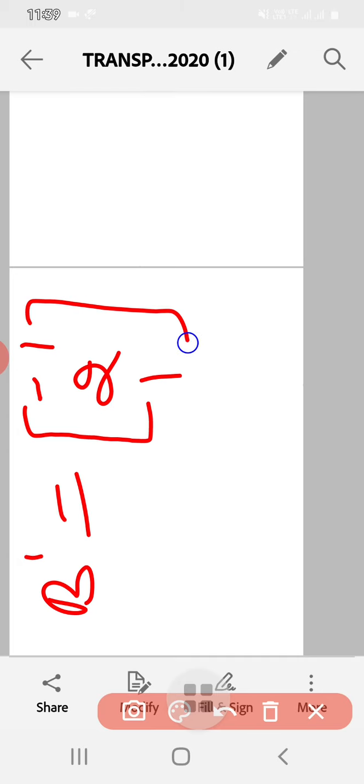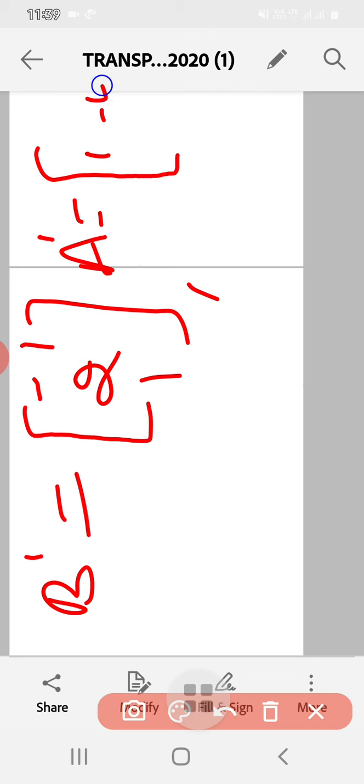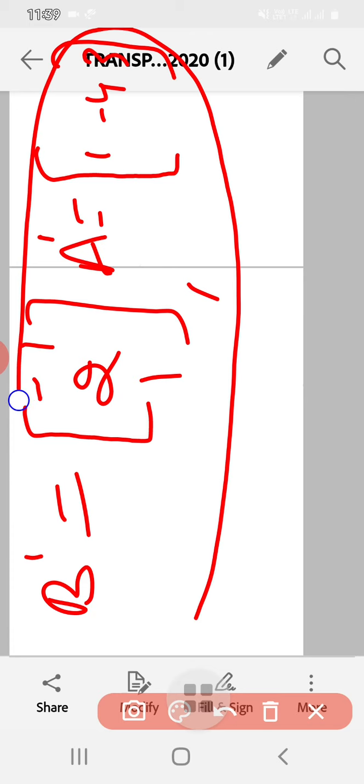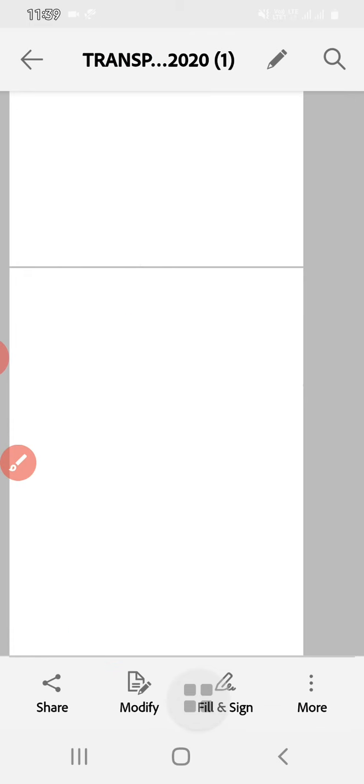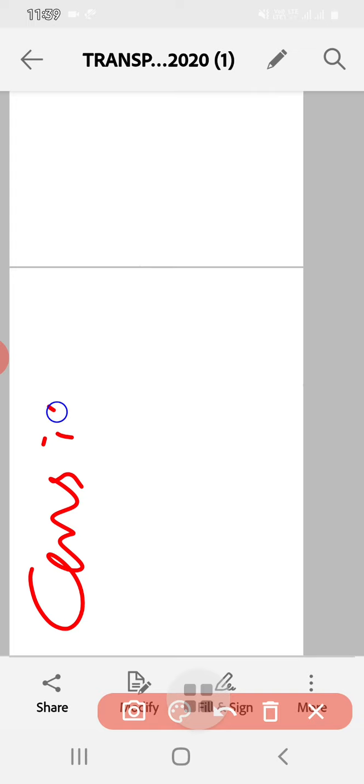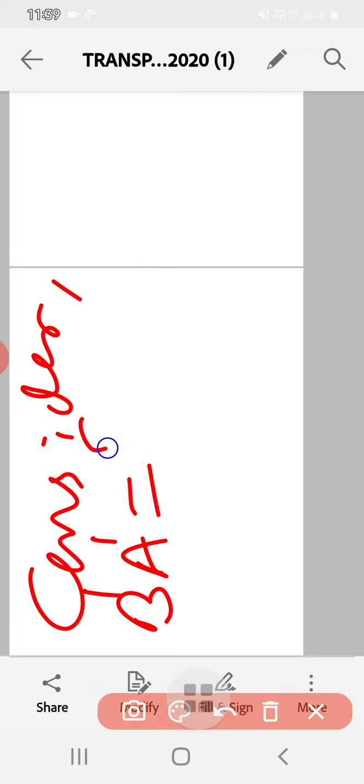This is B'. Then A' is the transpose of a column matrix, which becomes a row matrix: 1, -4, 3. Now we have to multiply these two, so consider B'A'. I will write this one.